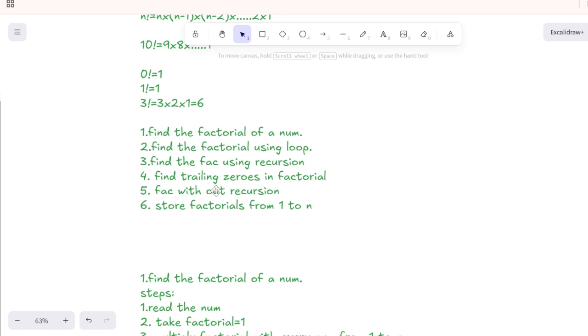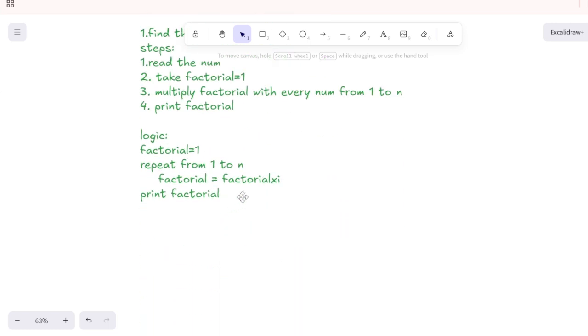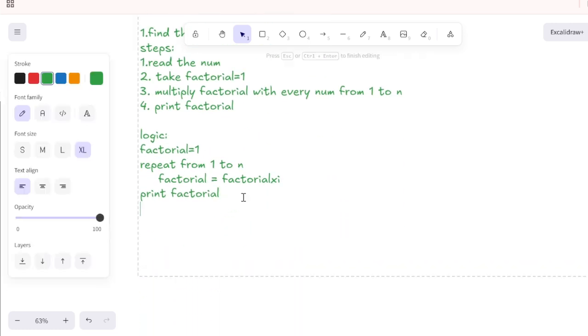If we want to dry run this, I'll give a table for you here for better understanding. If we took an input, initially factorial will be 1, right? We have initialized that.